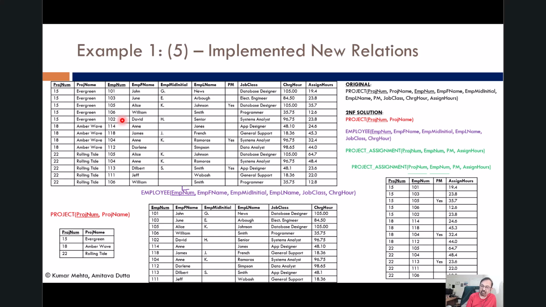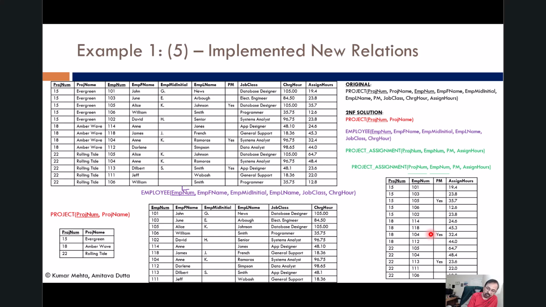To fix that in a rigorous way, we identified functional dependencies. And from that, we identified the partial dependencies and then split this table up into three. So this collection of three tables was what resulted from putting the original table in second normal form. The end result is three tables, each of which is in second normal form.